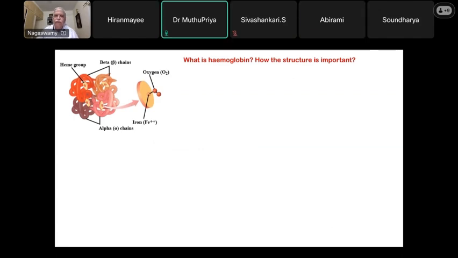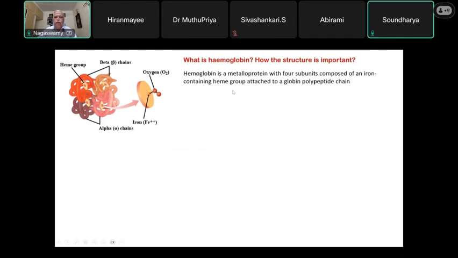Heme and globin, 4 globins. It is a metalloprotein because it has a heme moiety, iron, isn't it? So it is a metalloprotein with 4 subunits containing heme group attached to a globin polypeptide chain. And these polypeptide chains are of 2 different types, alpha chains and beta chains. 2 alpha chains and 2 beta chains.